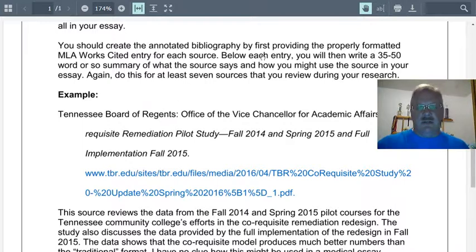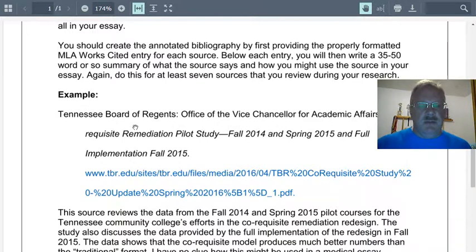To do an annotated bibliography, the first thing you do once you find a good source that you're considering is give the works cited entry, properly formatted, double spaced, with hanging indentation. The sample one's not exactly a medical topic, but it's one I did for a Coursera course a couple of years ago.